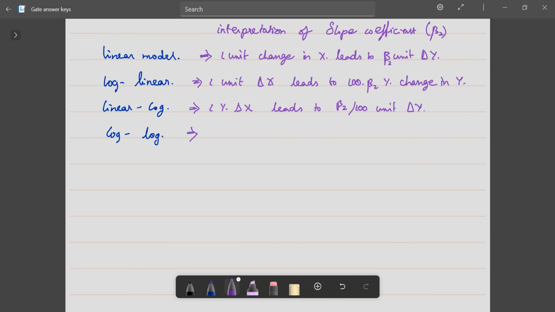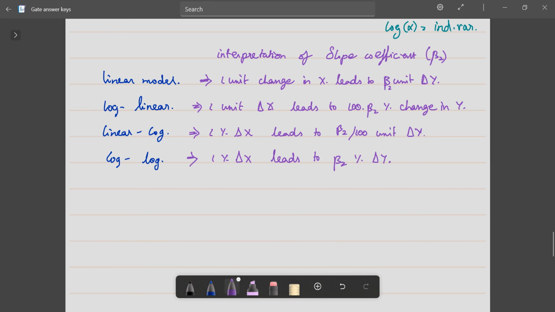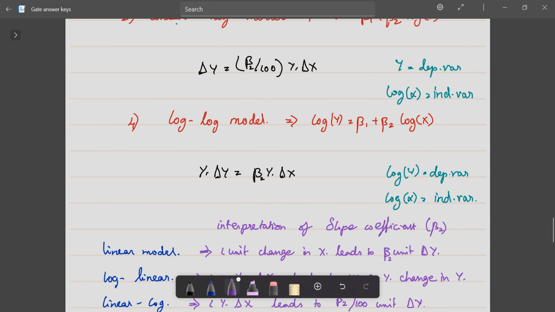And similarly, in the last form, double log model, 1% change in x leads to beta 2 percentage change in y. And this double log model is otherwise called elasticity model.